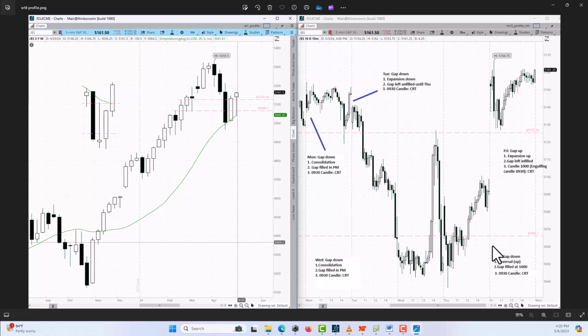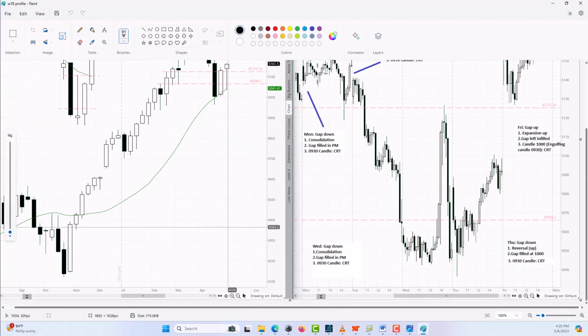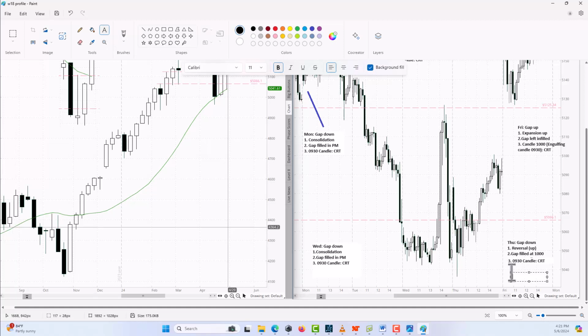It's a gap up, not gap down. Let's fix that error right there. So we have a gap up, not gap down. But it goes down, fills the gap. That's the difference, right? Gap up.